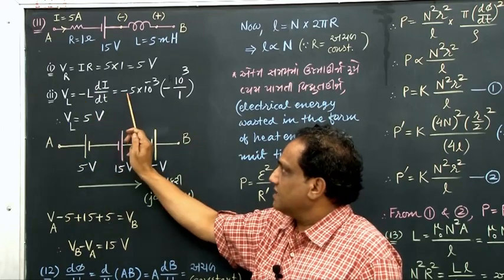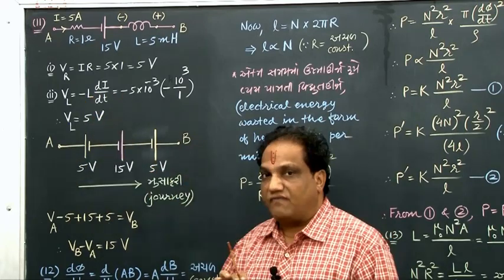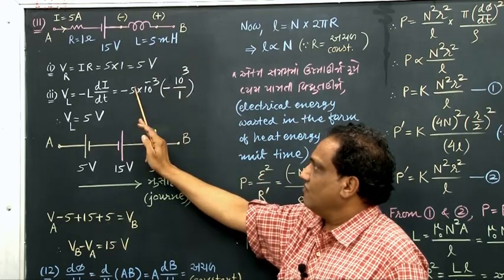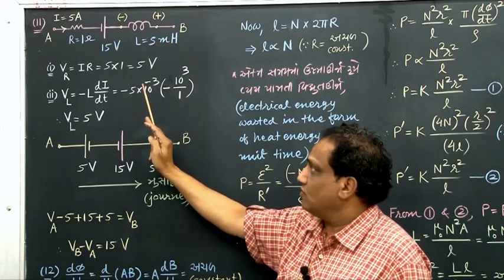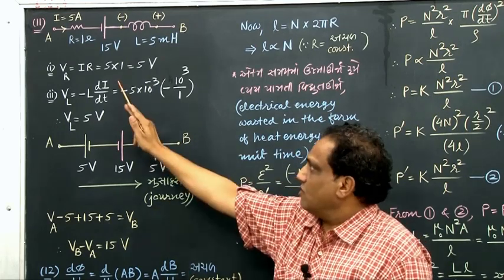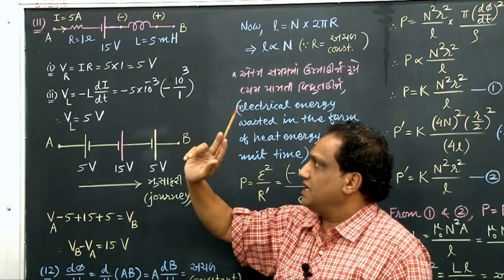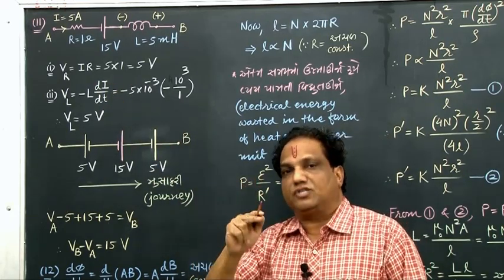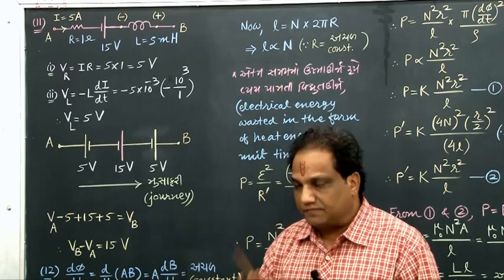Now the minus sign as it is. What about self-inductance? They have given 5 millihenry. Convert it into Henry, multiply by 10 raised to minus 3. What about di by dt? They have said that current decreases at a rate of 10 raised to 3 ampere per second.